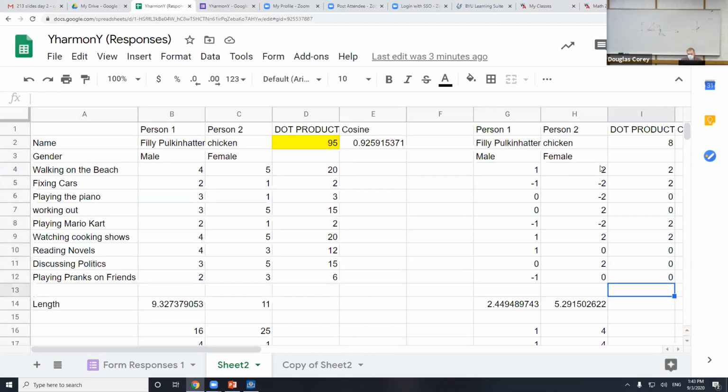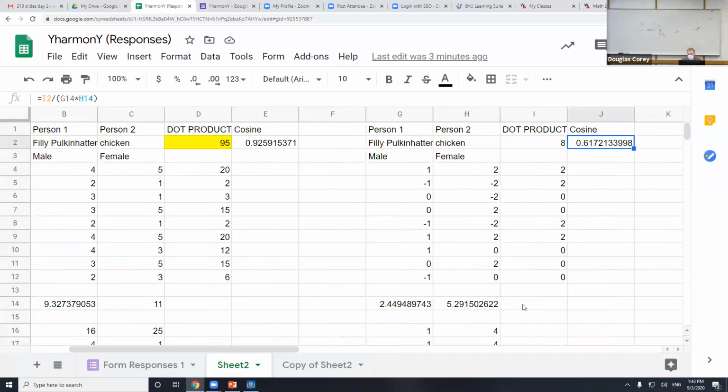Calculated the lengths down here, and did the dot product, and I get a dot product of 8. And if I divide by both lengths, I get 0.617. Okay, so the cosine of 0.617, that's less than 45 degrees. 45 degrees is the cosine of 0.7, right around 0.7. Okay, chicken, well, but it's positive at least.